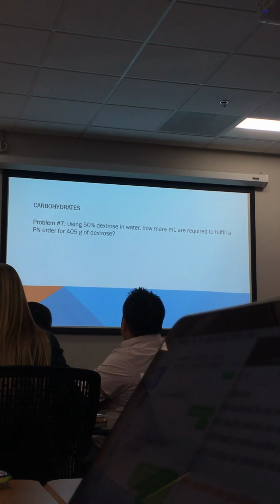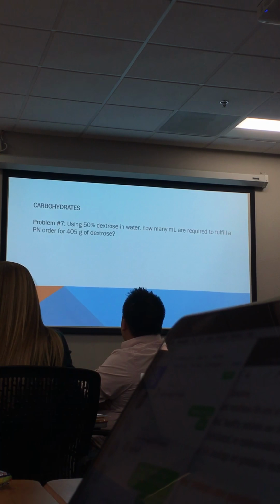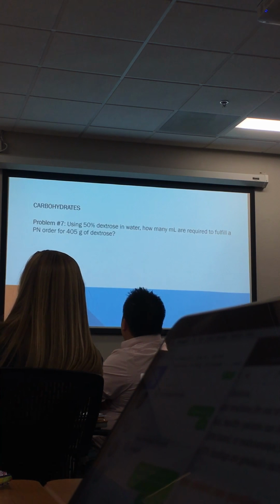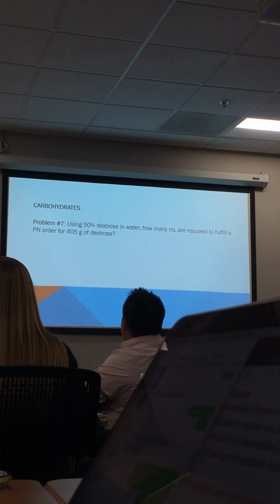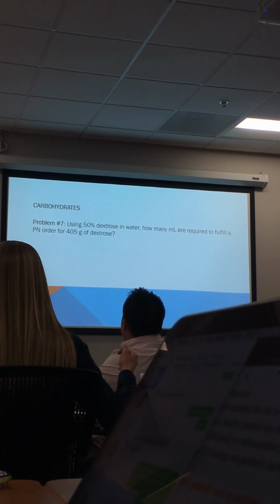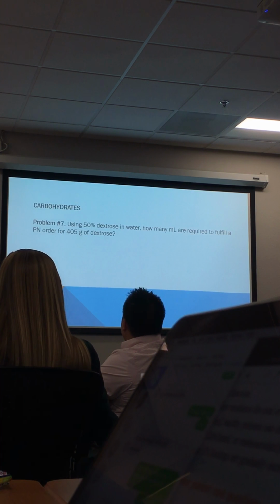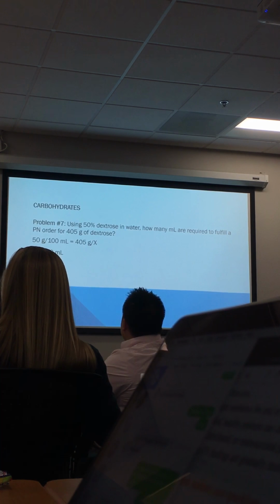So dextrose comes from different percentages. In this question, it's 50%. So they ask how many milliliters are required to fulfill a PN order for 405 grams of dextrose. Then this is the calculation.